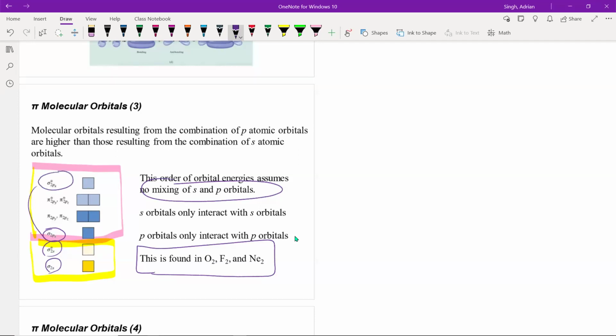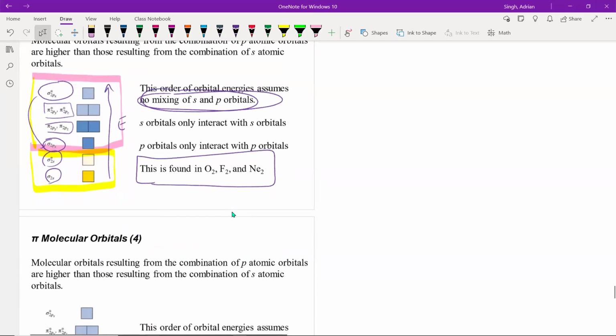And then in between, we're going to have our pi 2py, pi 2pz, and then the pi star 2py, pi star 2pz as well. Remember, if you have a bonding one, you have to have an anti-bonding one that goes along with it as well. Right, so this order of the molecular orbitals in increasing energies assumes no mixing of the s and p orbitals.